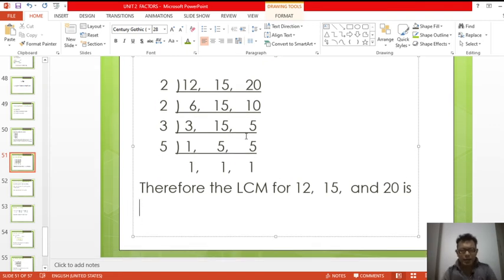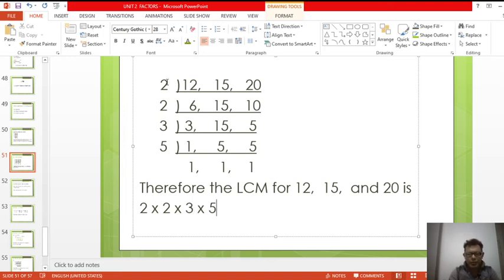Copy this one. Copy all this, and multiply all of this, and the product will be your LCM. So therefore, the LCM for 12, 15, and 20 is, hold on, this is not the answer yet. 2 times 2 times 3 times 5.